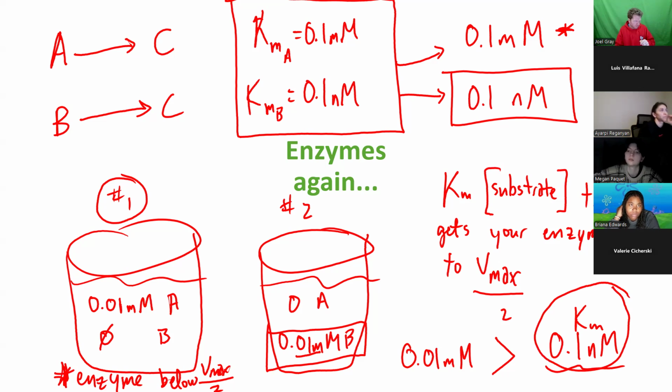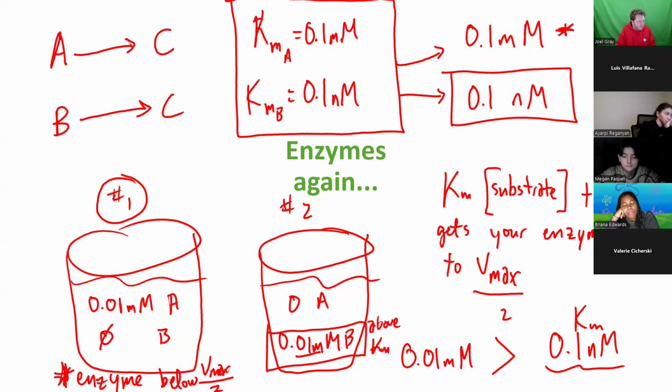This 0.01 millimolar of B, one of our other substrates, is above our Km. Therefore, our enzyme is catalyzing the reaction above Vmax over 2.